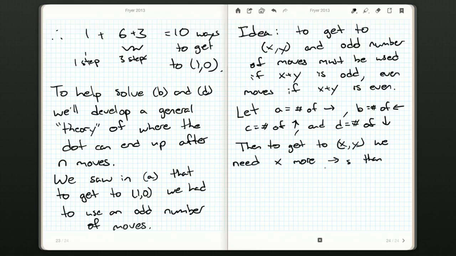So if we want to be over by 1, we need one more right than left. And that's really saying that A minus B is equal to X.